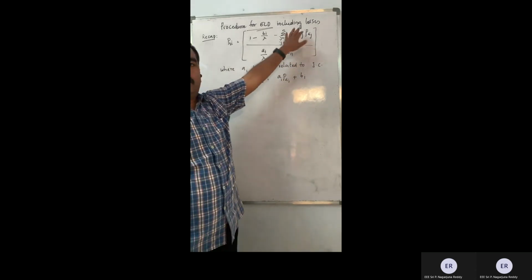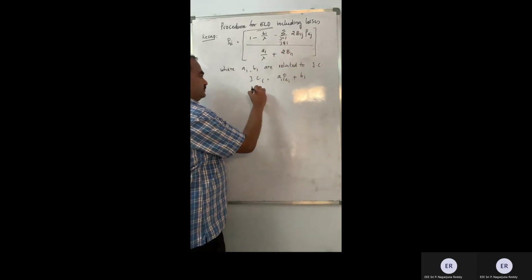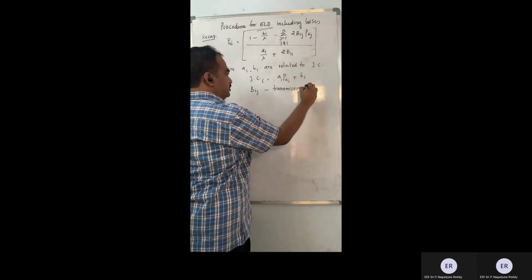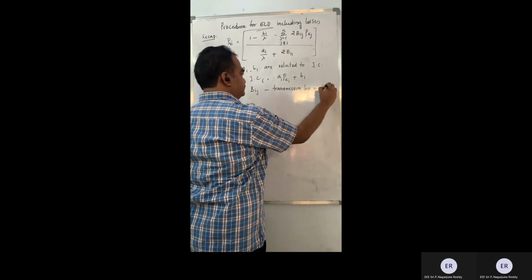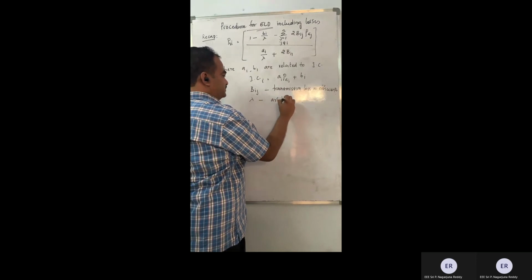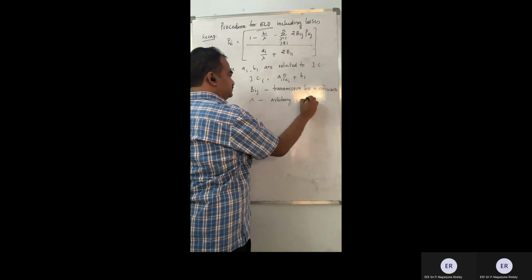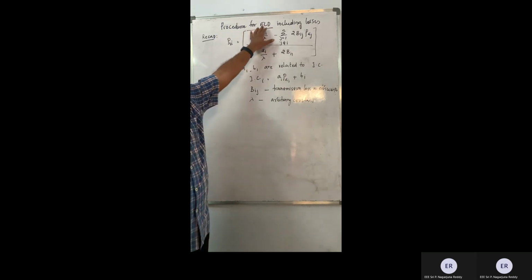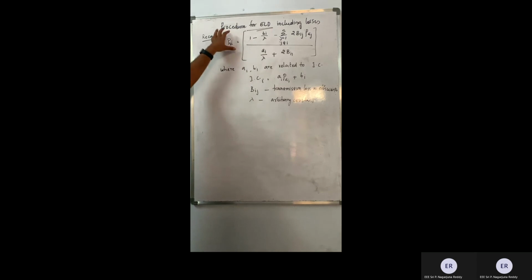Whereas these are transmission loss coefficients. Lambda is some arbitrary constant. So this was the expression which we have derived yesterday for determining the generation at any plant with ELD, which means this is going to be your optimal generation at plant number i.